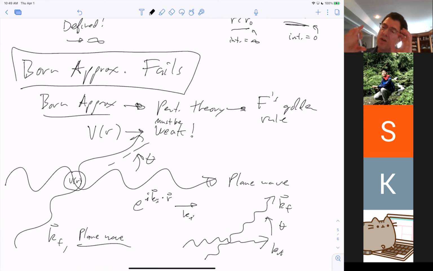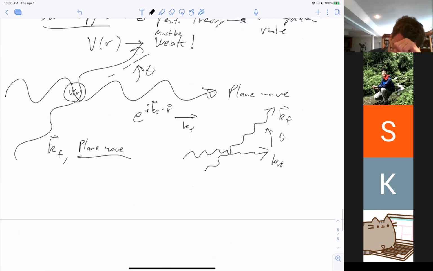So why does it fail? Well, I told you, the perturbation theory only works for weak potentials, but also I want you to see intuitively why it fails. The reason it's failing is because the states are not plane waves.